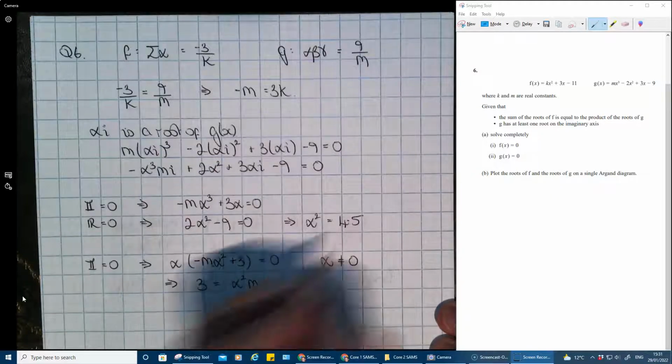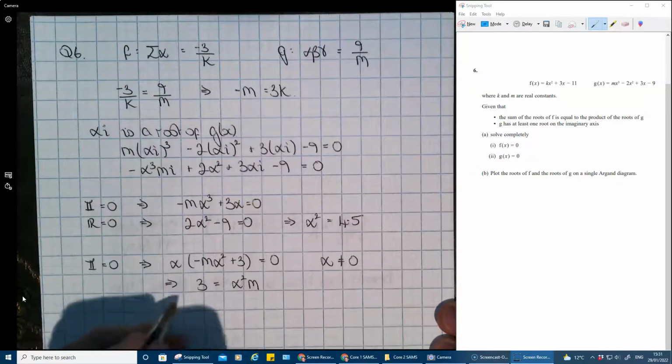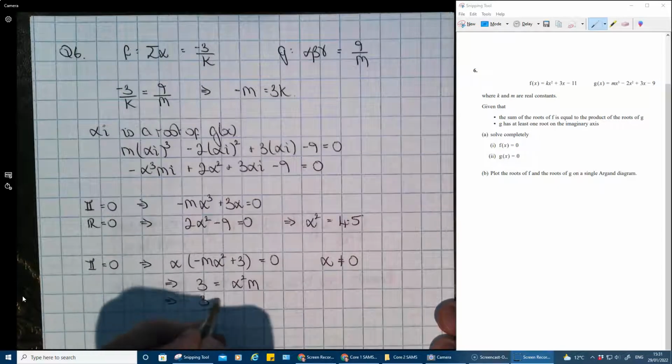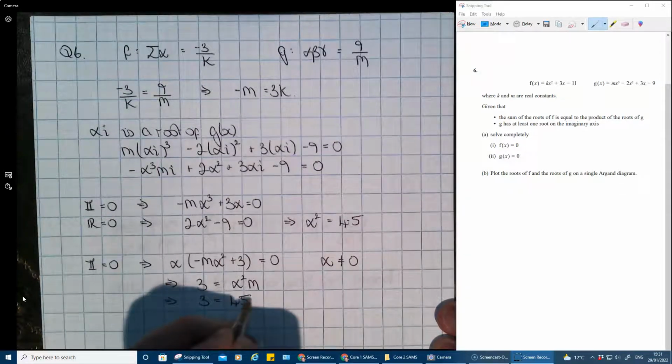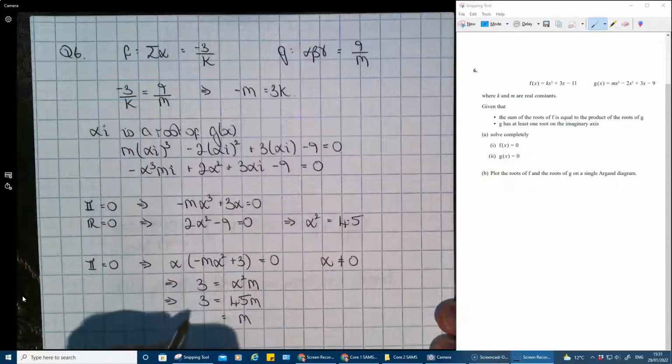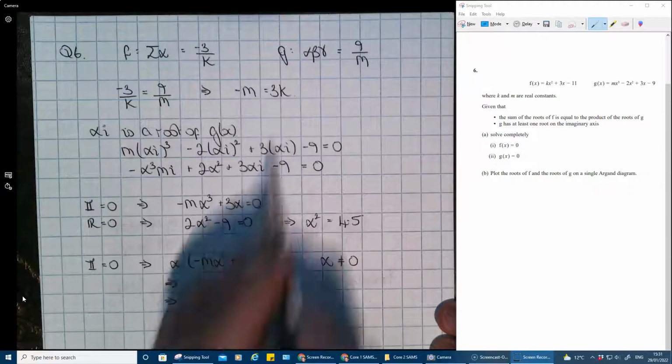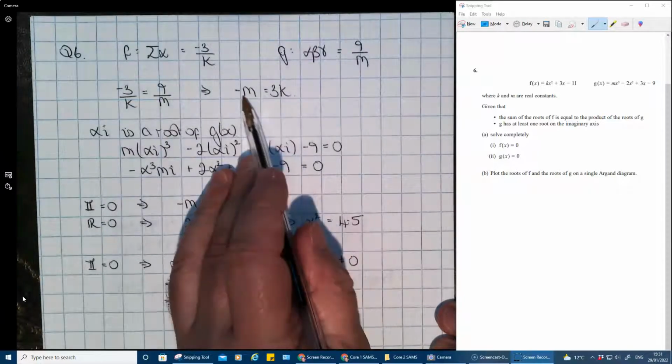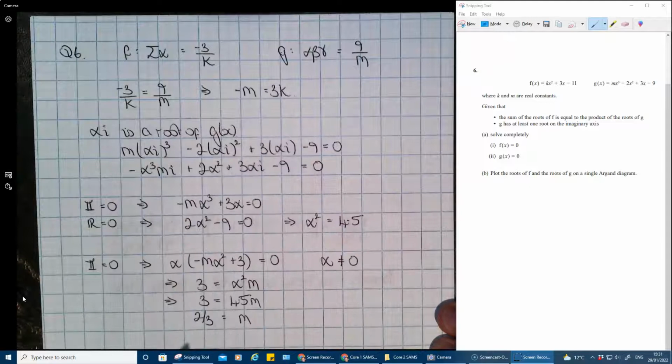And I know what alpha squared is. Alpha squared is 4.5. So 3 equals 4.5 m. So m equals 2/3.